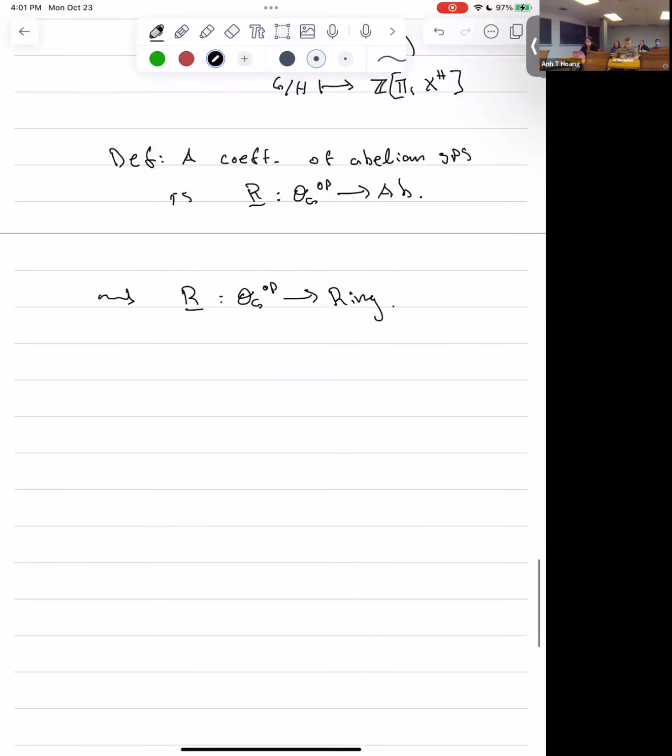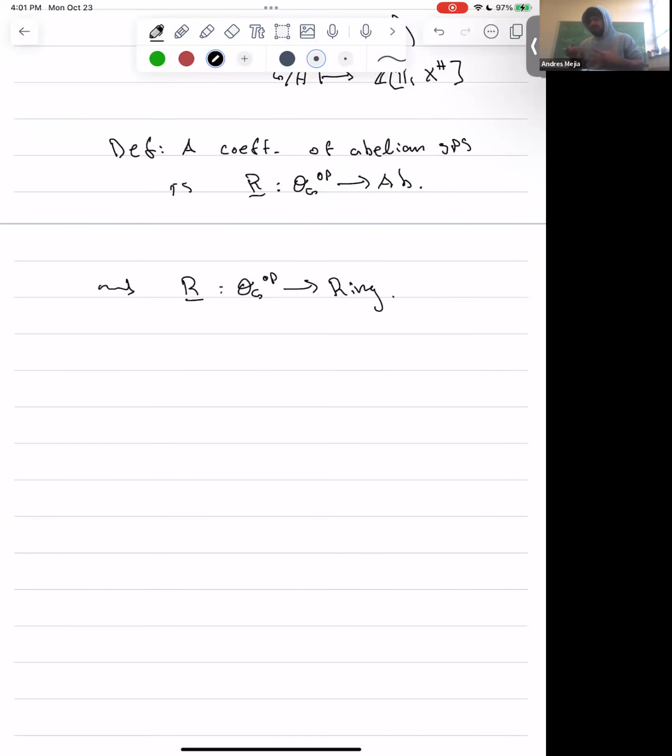Okay, so now we should think about, well, what does a module over something like this look like? So to do that, I need to introduce one more object called the twisted group ring. So when is M a module over R?